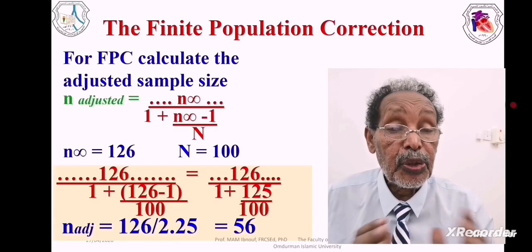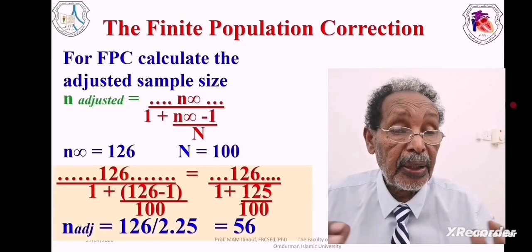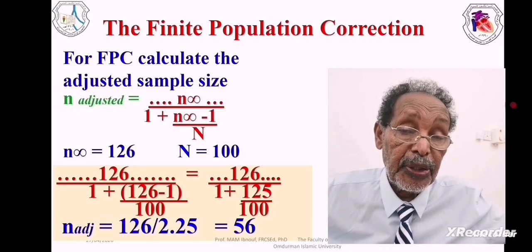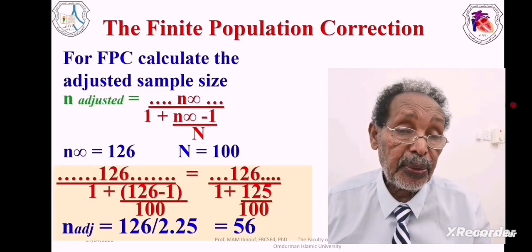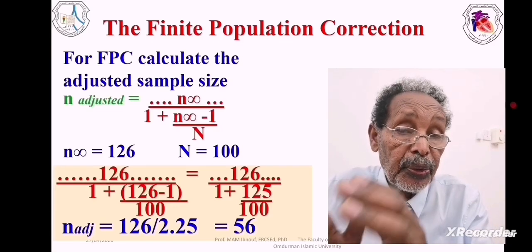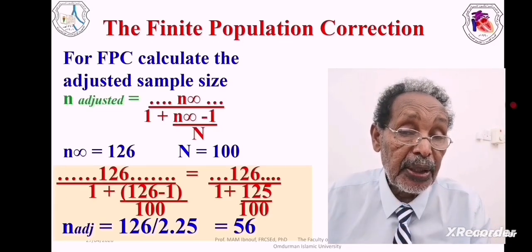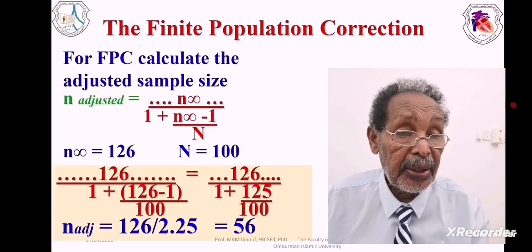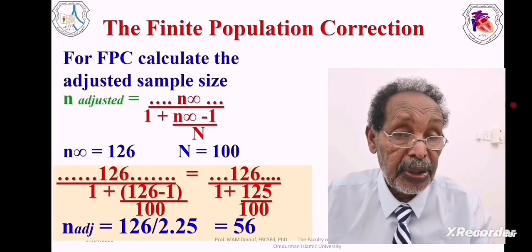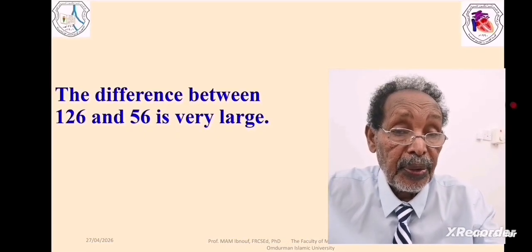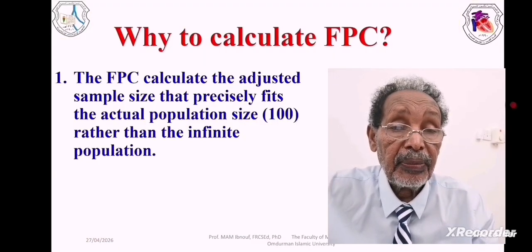Okay, so there is a difference. When we calculate it as if it is an infinite, very huge population, the sample size was 126. And when we correct it to this finite, limited population, we have to study only 56 patients. The adjusted sample size will be 56. So the difference is large, isn't it? Very big difference.